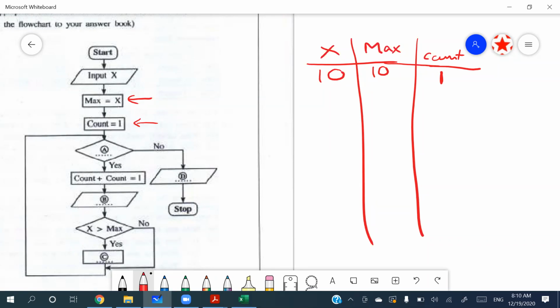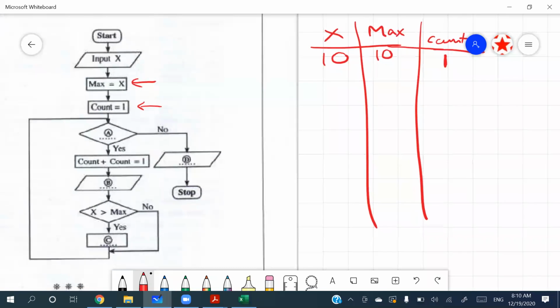And then you are having a condition, and you are having another condition below. So if you look into this carefully, you can see the flow of your data.